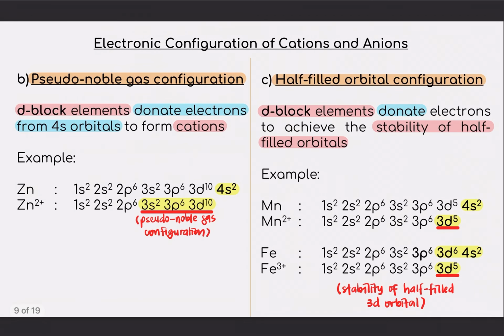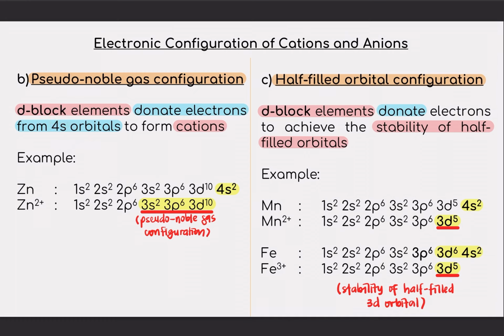The next type of stability is the pseudo noble gas configuration. Pseudo means fake. Dia fake lah, dia seakan-akan, dia ciplak lah. So this pseudo noble gas configuration applies to d block elements which donate electrons from their 4s orbitals to form cations.